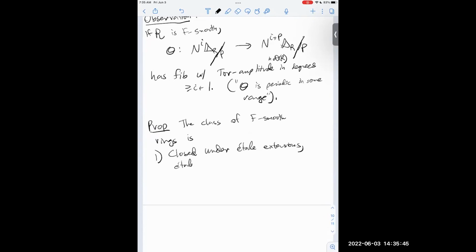More generally, it's stable under passage to a smooth algebra, in particular a polynomial algebra. And finally, it's closed under filtered colimits.